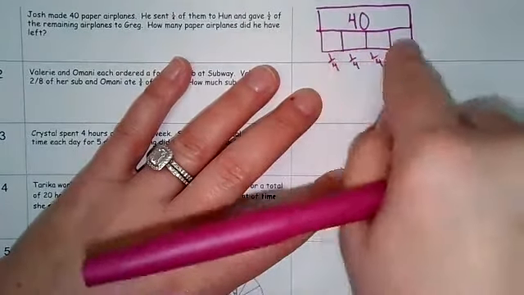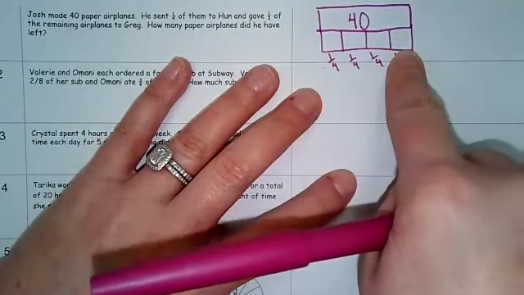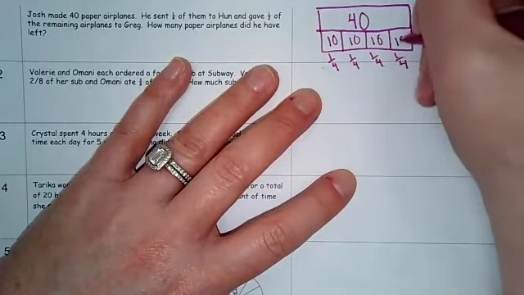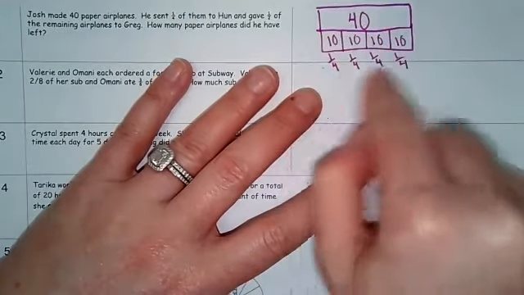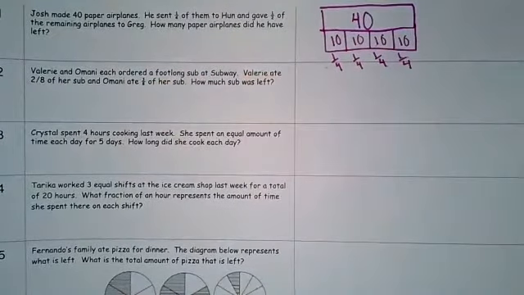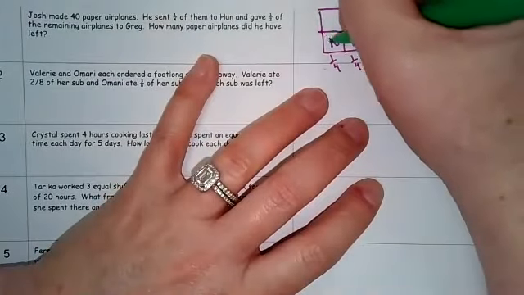So how much is in each fourth? Well, if you have 40 and you divide it into 4 equal pieces, there will be 10 in each, right? So he sent 1/4 of them to Hun, okay? So send these ones right here away.